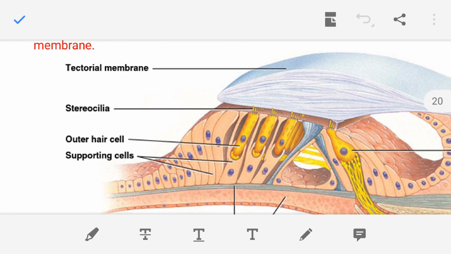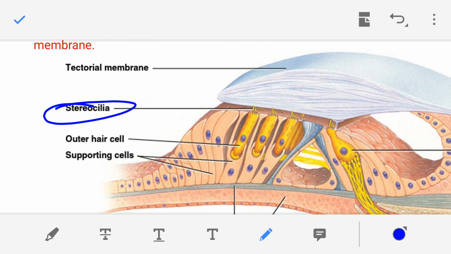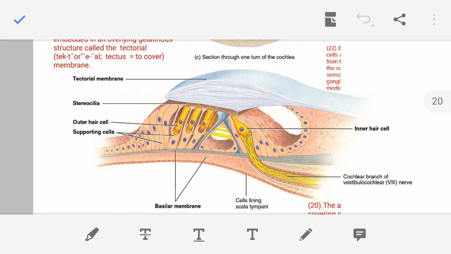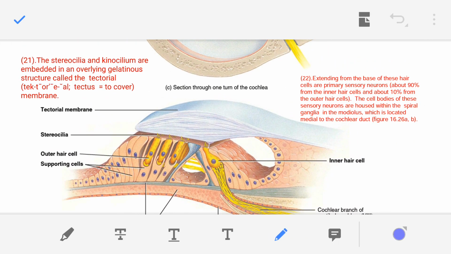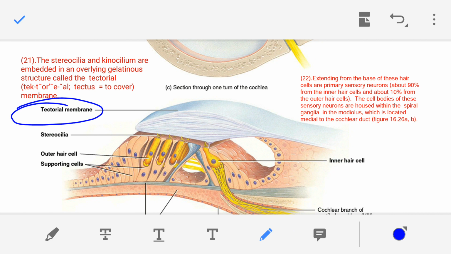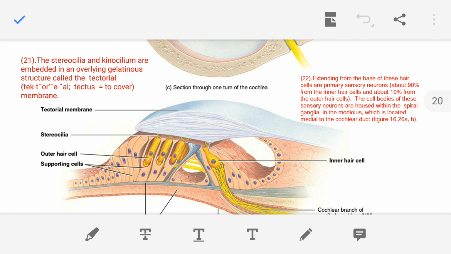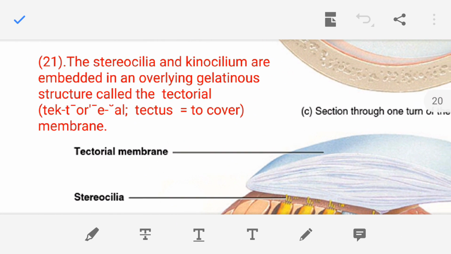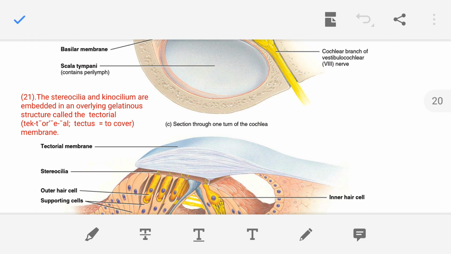Here in the figure you can see stereocilia, they are embedded in the gelatinous structure. So this gelatinous structure is known as tectorial membrane. Okay, tectus means to cover. So in point number 21, tectorial membrane, gelatinous structure.